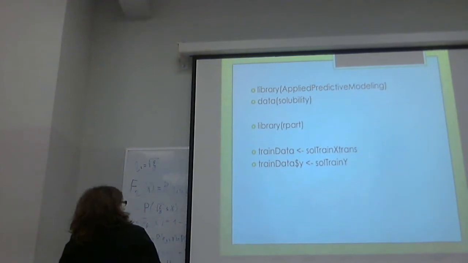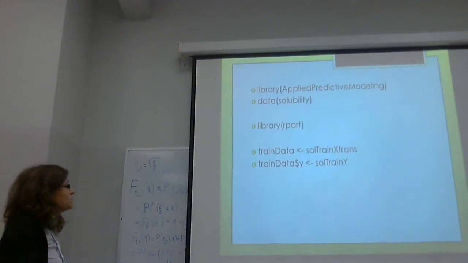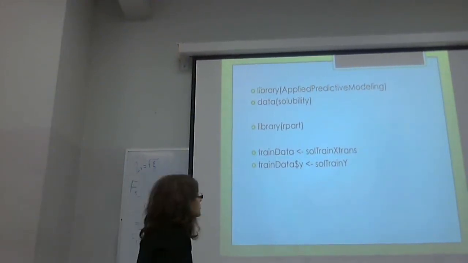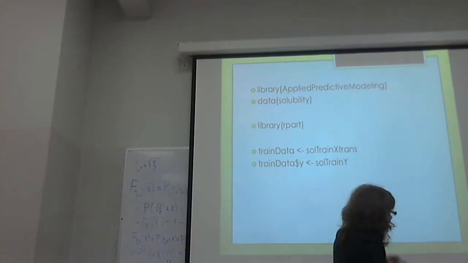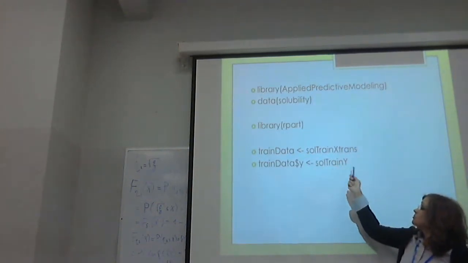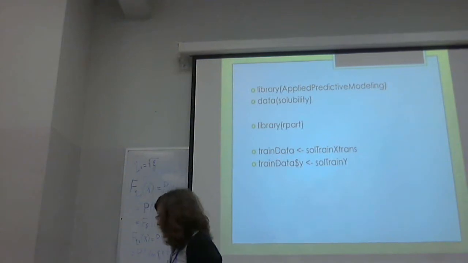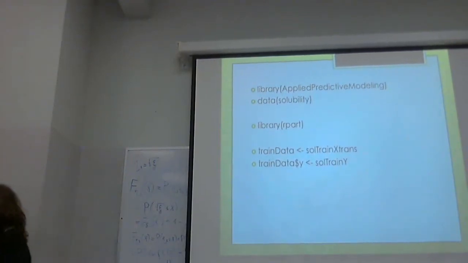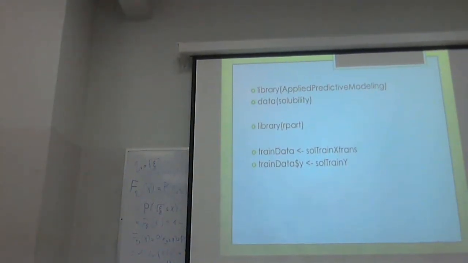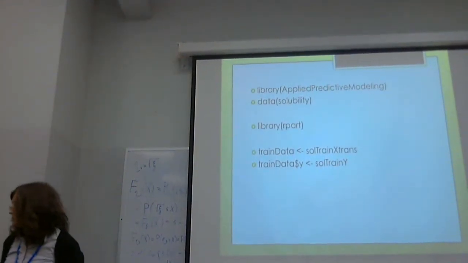And then you create another data frame that first copies all predictors, transforms predictors, solubility train transformed, and adds y, solubility train y, as another column by the name y small.